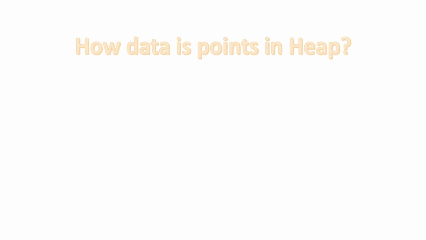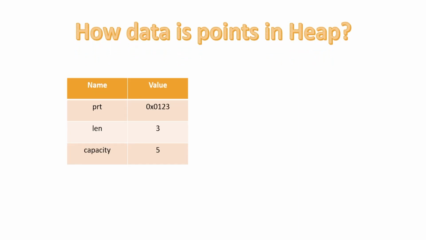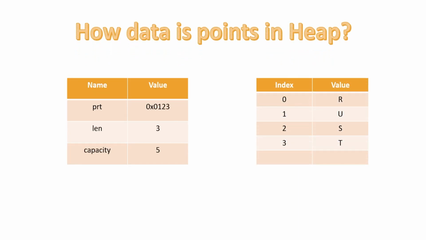Let's talk about how data is pointed to in the heap. Here we could see that ptr is pointing to the index and the values stored in the heap memory. The ptr contains the pointer, which is an address of the memory present on the heap.